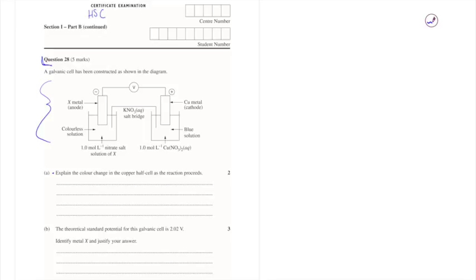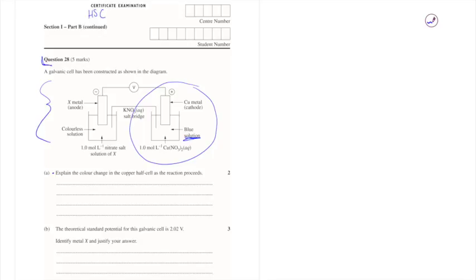Now the first thing I want to focus on is I know I'm dealing with the copper half cell, so I'm going to make sure I'm focusing on that. And what I need to be looking for is the color change in the copper half cell. So I notice that it says here it's a blue solution, and somehow this blue color is going to change as the reaction proceeds. Well, let's try and work out how.